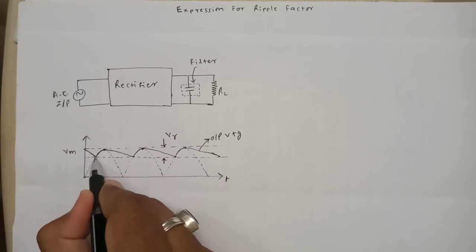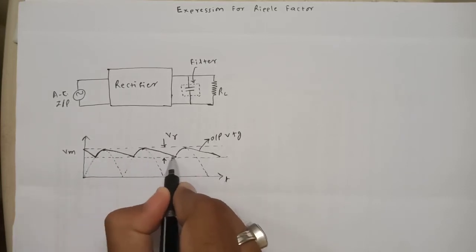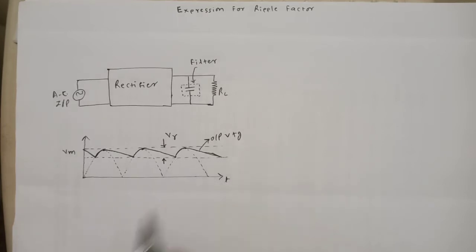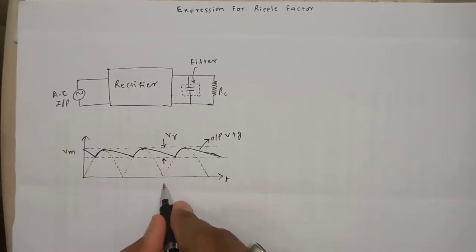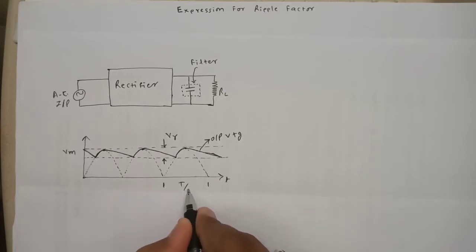So this is the final waveform which we are considering, which is available at the output of the rectifier after connecting the filter. As we know, this is the half cycle, and that's why this total time duration can be called T divided by 2.